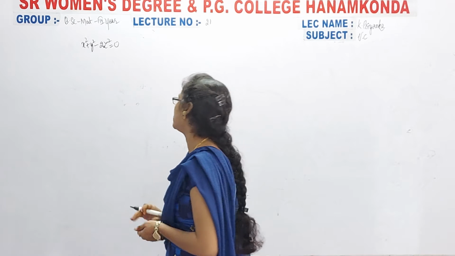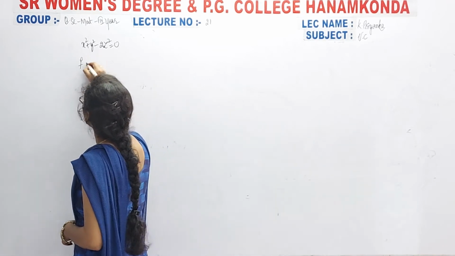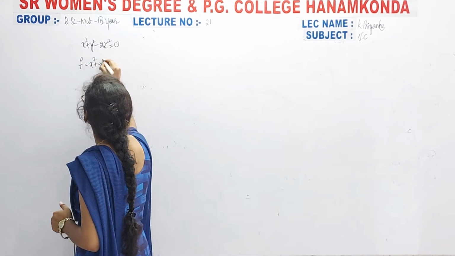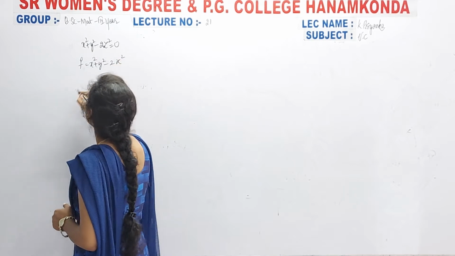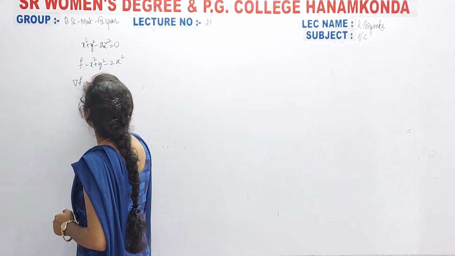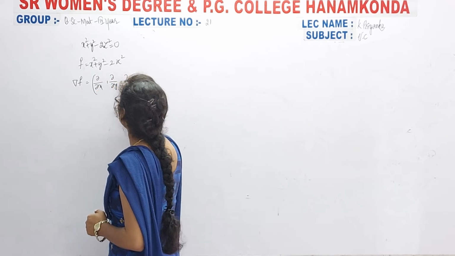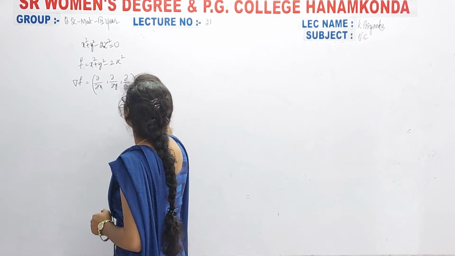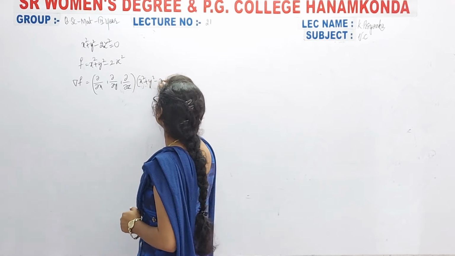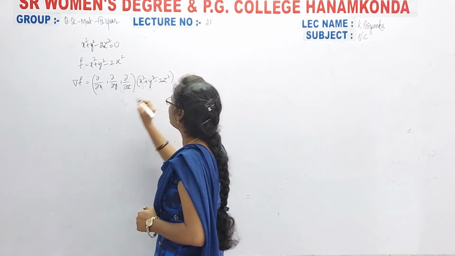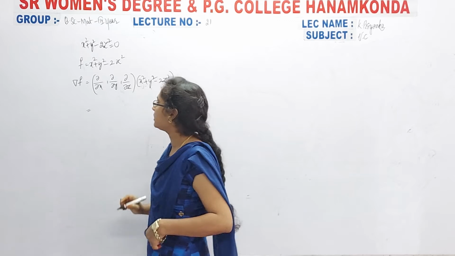Now listen clearly. Here I am taking f equal to x square plus y square minus 2z square. Now grad f means dou by dou x comma dou by dou y comma dou by dou z of x square plus y square minus 2z square. I am going to write directly, but please don't write like that, write step by step.